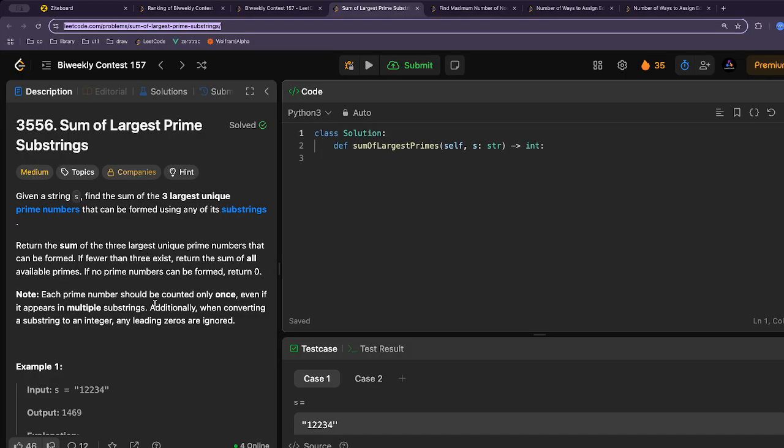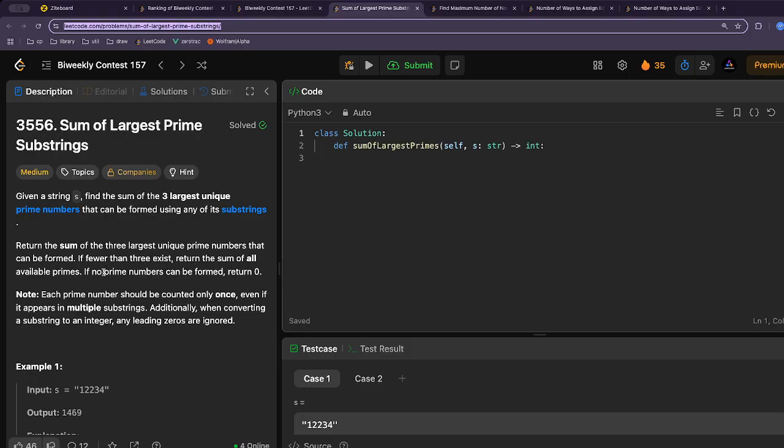Sum of large prime substrings. Given a string S, find the sum of the three largest unique prime numbers that can be formed using any of its substrings. Return the sum of the three largest unique primes that can be formed. If fewer than 3 exist, return the sum of all available primes. If no prime exists, return 0.